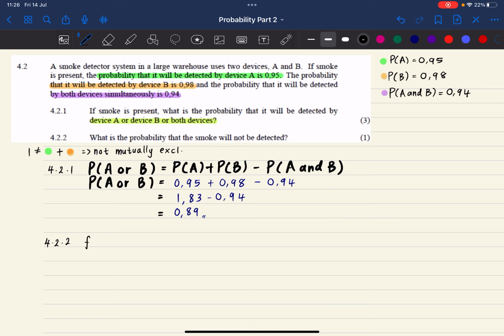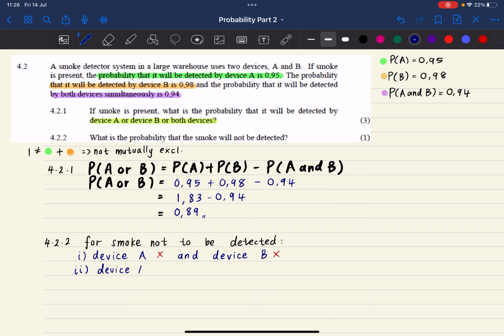So for smoke not to be detected, it is either device A didn't detect the smoke, and device B didn't detect, or either one of them didn't detect.